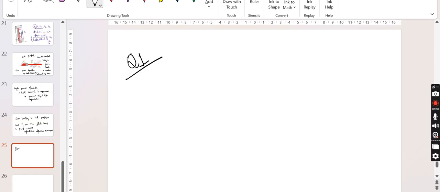The question number one is: single longitudinal mode operation of a helium neon laser is achieved generally by?